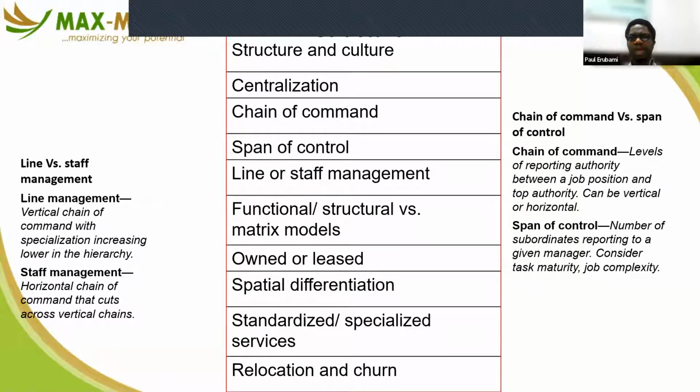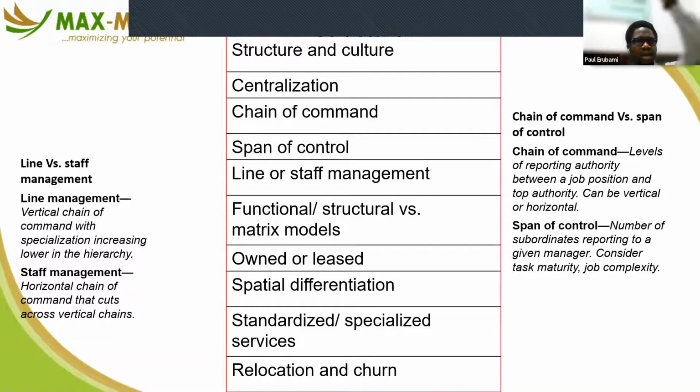So if we take the FM department and we create a mechanical head who has only mechanical engineers and technicians for mechanical asset maintenance under him, we've created a line management structure, right? And that's also called a functional organization, where you have created a functional structure, it's the same thing, where you have created a top-down approach to relationships. It's vertical chain of command. And you are using that chain of command to increase specialization.